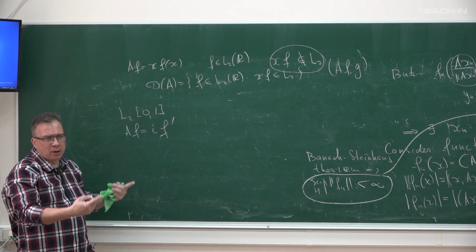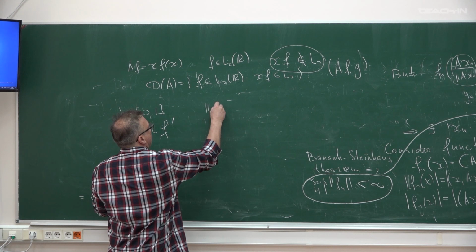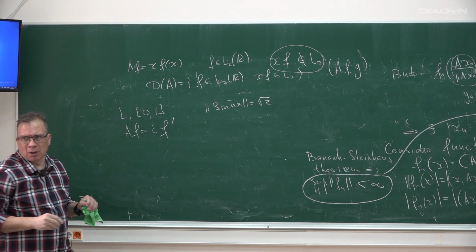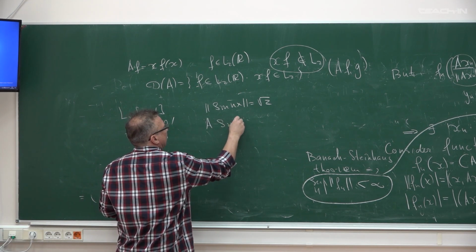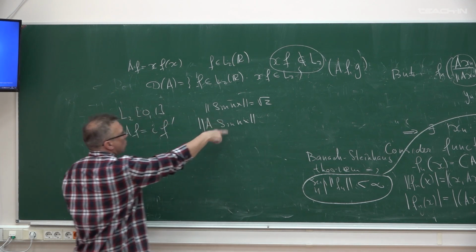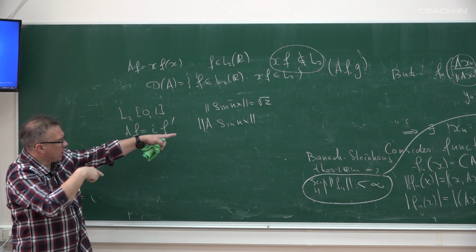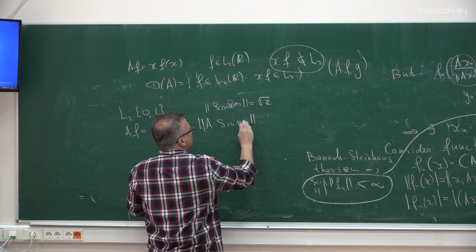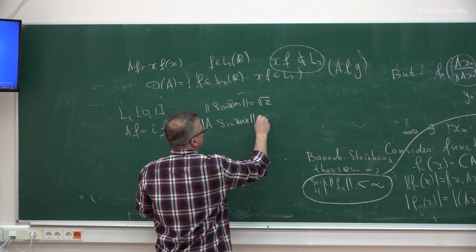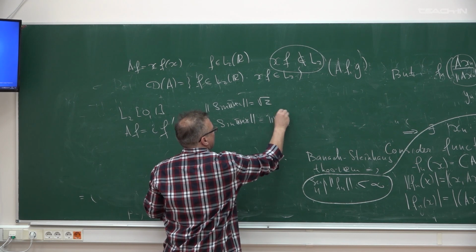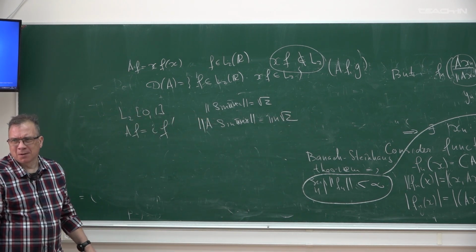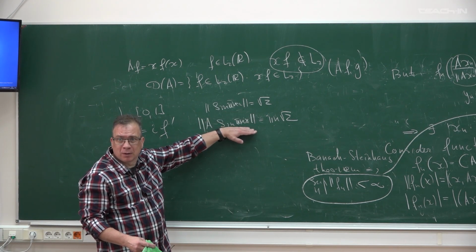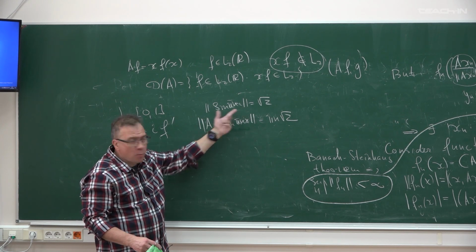Because if you apply it to sine, the norm of sin(n pi x) equals square root of 2 over 2 in L2(0, 1). But A sends sine to cosine. Cosine has the same norm, but you get a constant factor n pi. So if this set was bounded, this set is unbounded. So your operator is unbounded.